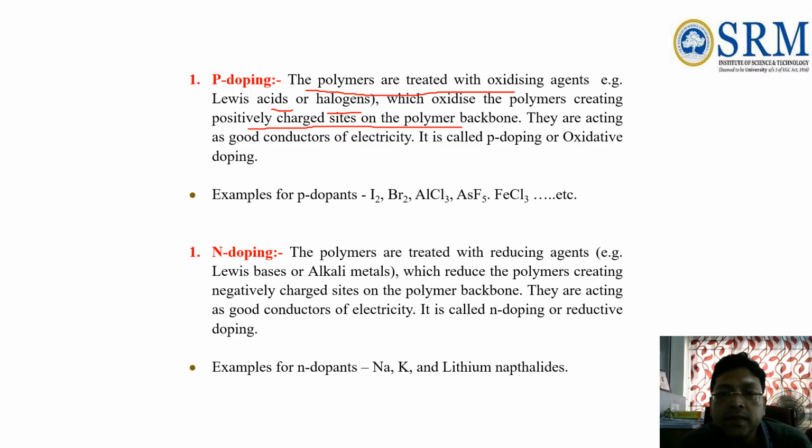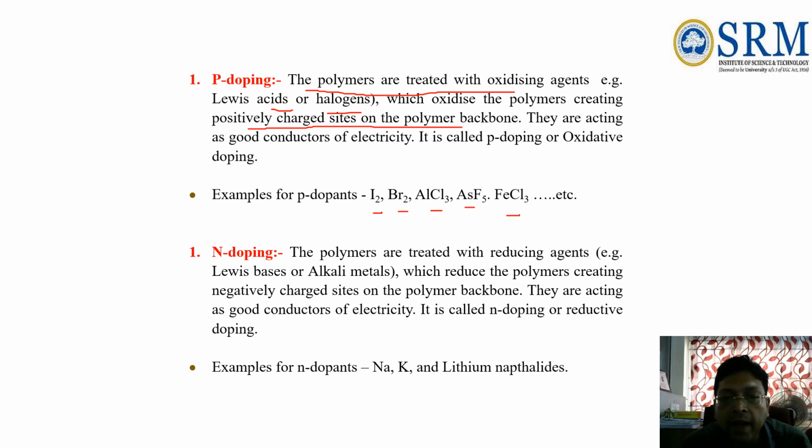So it is called p-doping or oxidative doping. So what are the p-dopants? Like iodine, bromine, aluminum chloride, AsF5, ferric chloride, etc. When these dopants are added, they take up electrons from the polymer backbone, undergoing oxidation, and therefore it leads to the creation of positive charge in the backbone, which conducts electricity. That is called p-doping.